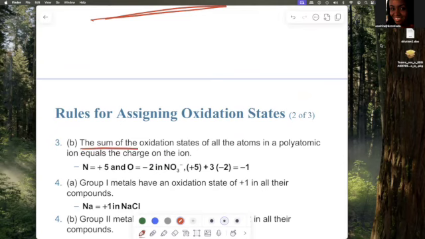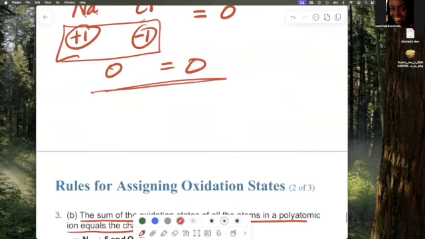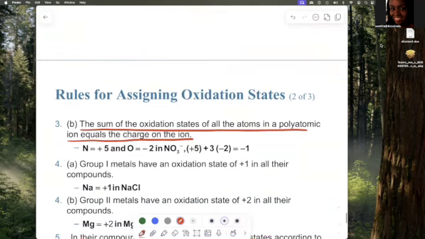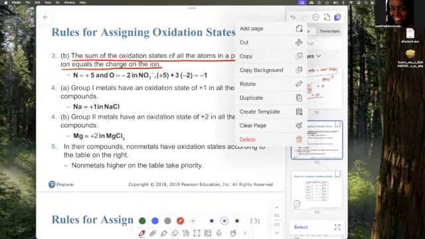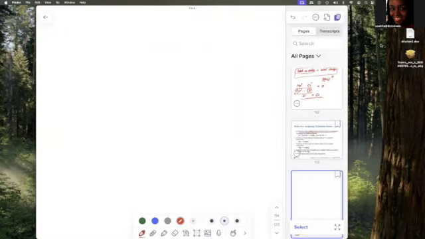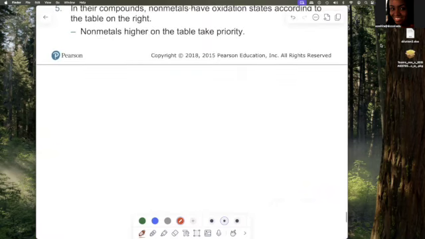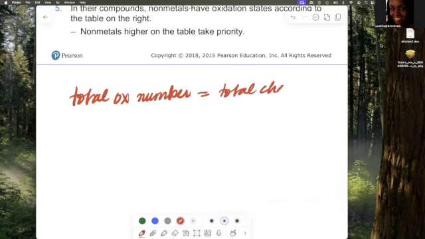The sum of the oxidation states of all the atoms in the polyatomic ion equal the charge of the ion. So I feel like we're stating the same rule over and over again. Let me go ahead and pull this down. I'm going to add a page here. So once again, total oxidation number in the formula equal total charge of the formula.